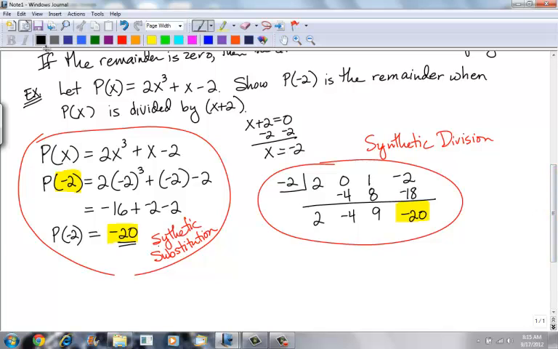Okay, then the author goes through the remainder theorem. So put this in your notes for the remainder theorem.